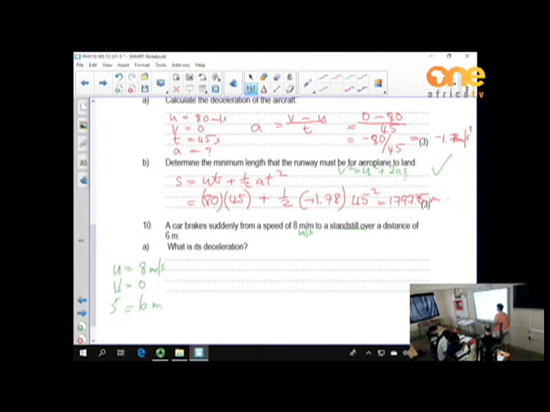What is the deceleration or the acceleration? Acceleration is going to be change in velocity over change in time. What's the change in velocity? Final minus initial divided by, oops, we don't have time, we have distance. Which one do I use? I can't use this one.